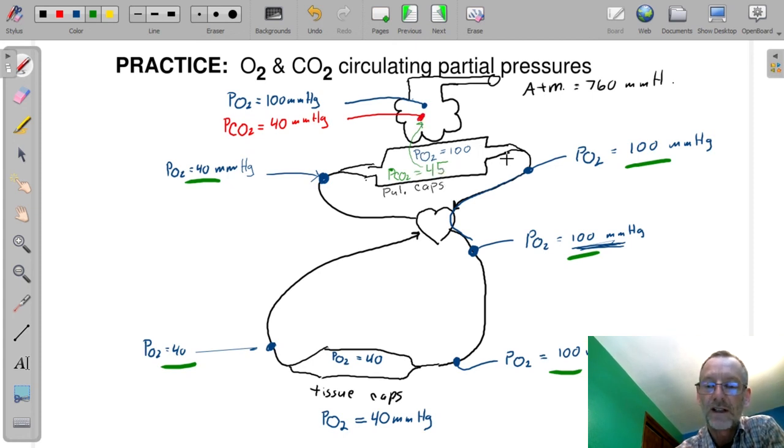And it leaves the lungs at 40. We gave up the oxygen. Gave it to the lungs. So the partial pressure of CO2 leaving the lungs is less. It's now down to 40. And it stays that way all the way to the capillaries.